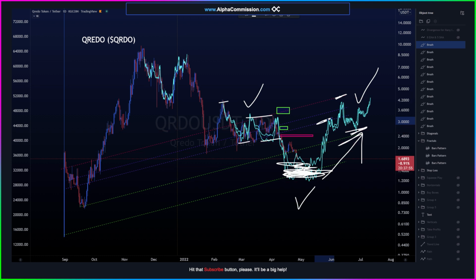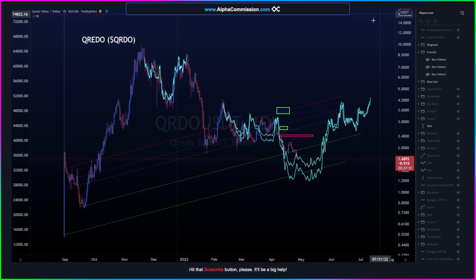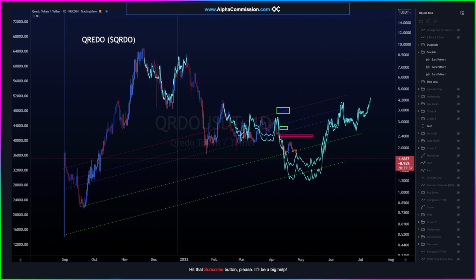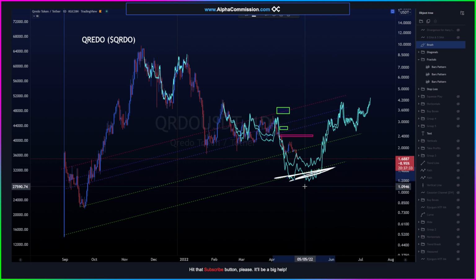I don't know. Things could go worse than we thought, right? Maybe this thing does break down here. But would I really be that greedy to wait for this area, because this is price discovery to the downside? Or would I just trust my fractals, which has been working out really well?